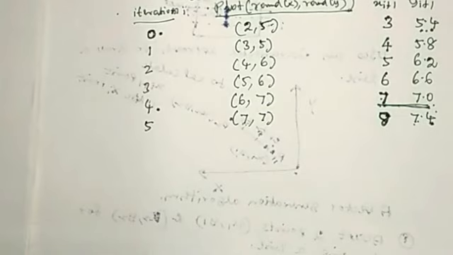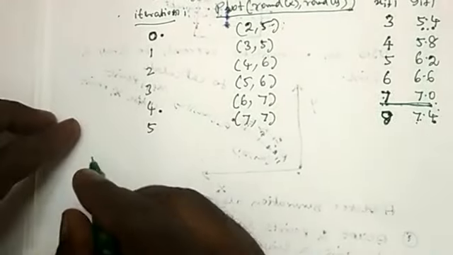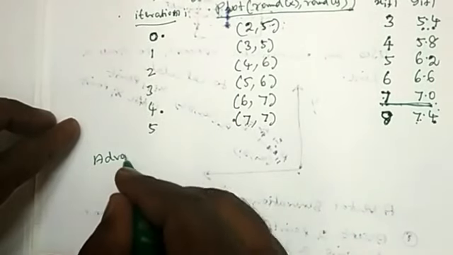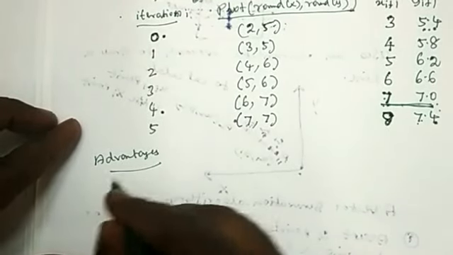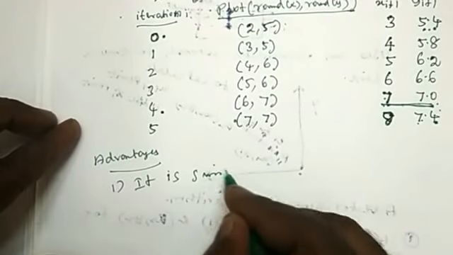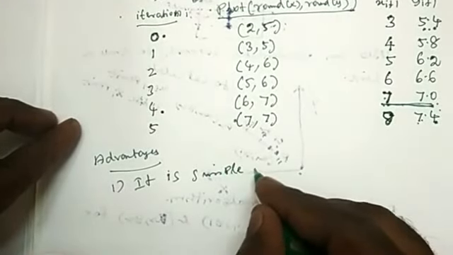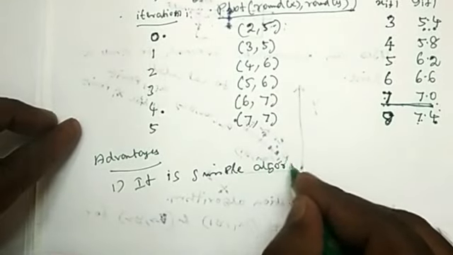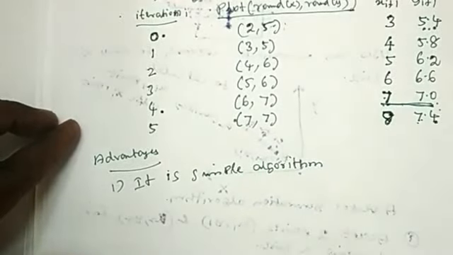So the line drawing algorithm has its own advantages and drawbacks. The advantages of the line drawing algorithm, that is the DDA algorithm: it is a simple algorithm. So no special skills are required to use this algorithm.